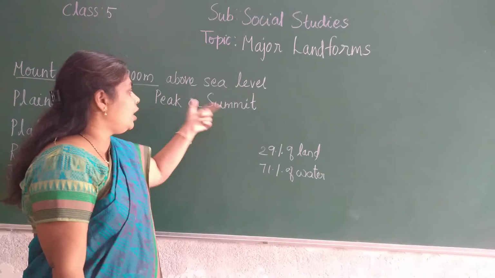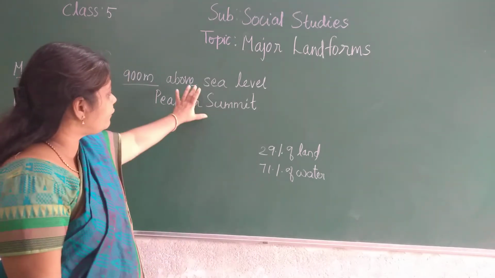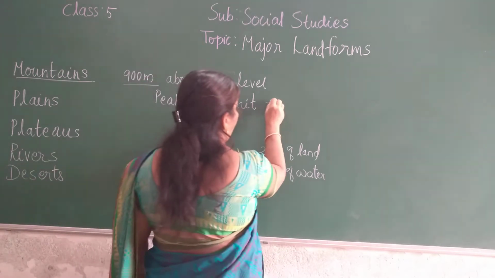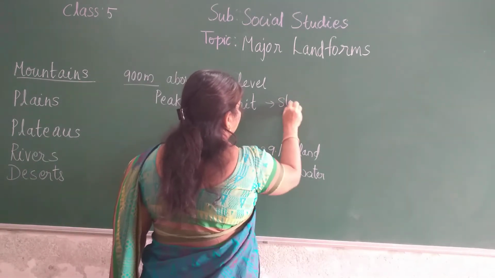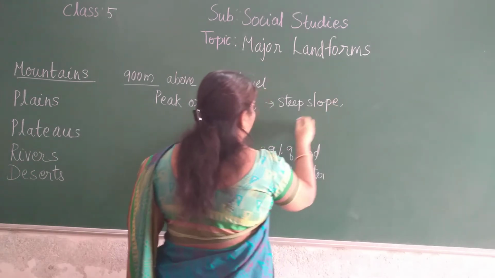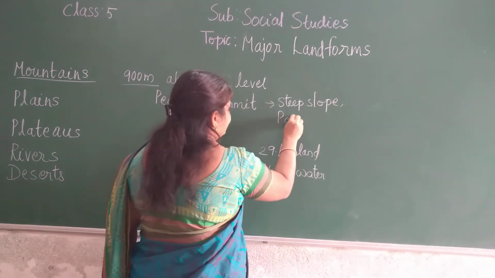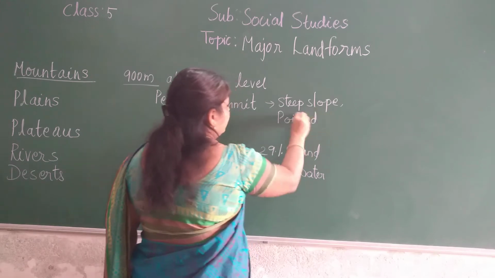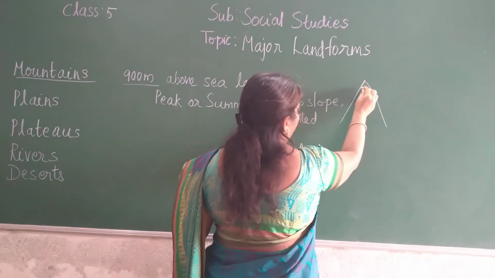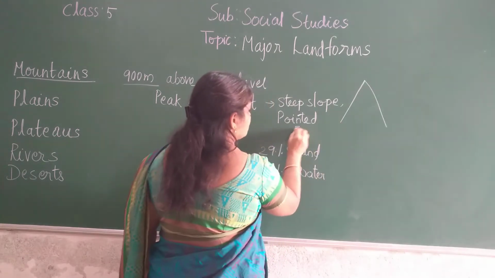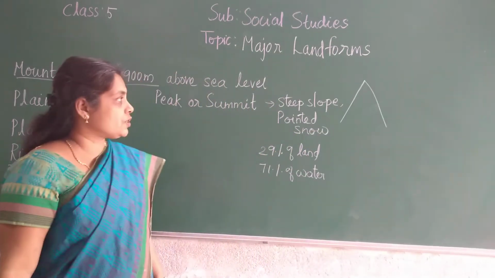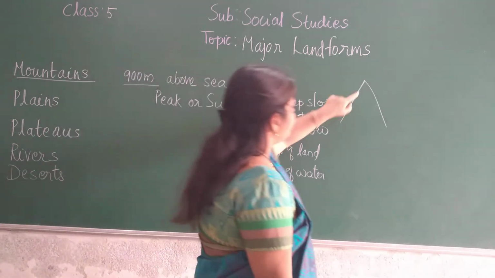The feature of these peaks is that they have a steep slope and are pointed. The mountain will be very pointed, children, and it is covered with snow throughout the year. So you have a steep slope.